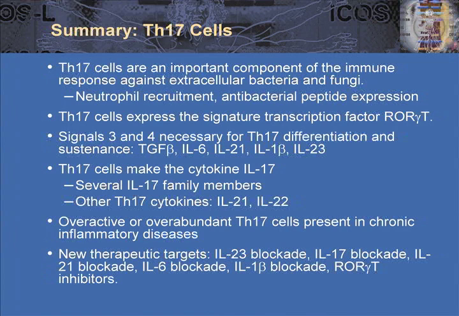Signal 3 is prominently TGF-beta and IL-6. Other cytokines are involved. And signal 4 is the important cytokine, interleukin-23, which you'll be hearing much more about. Th17 cells make the cytokine interleukin-17. There are several interleukin-17 family members which have overlapping but maybe unique functions as well.